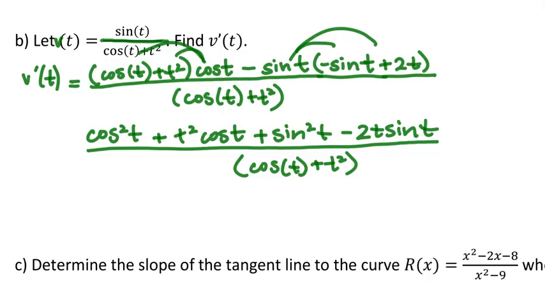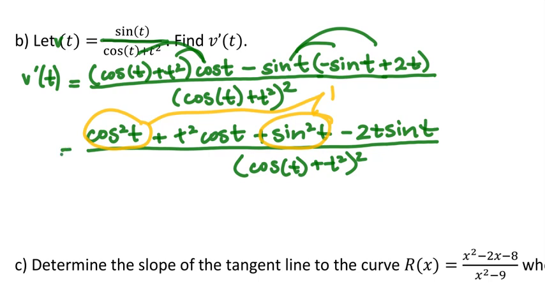Hold on, what do I have written backwards here? Oh, I'm missing a square. There we go. Okay. One nice thing happened in the top. I got a cosine squared plus sine squared, so those can be replaced with a 1.